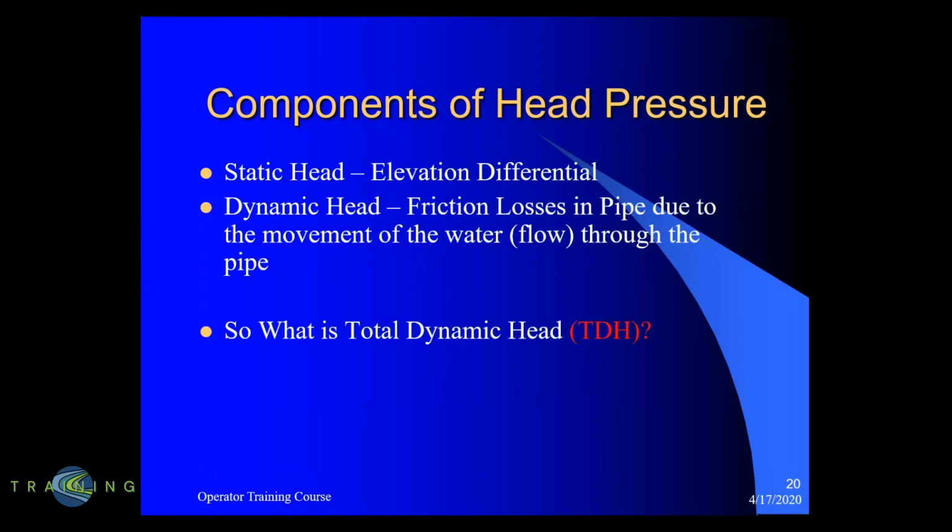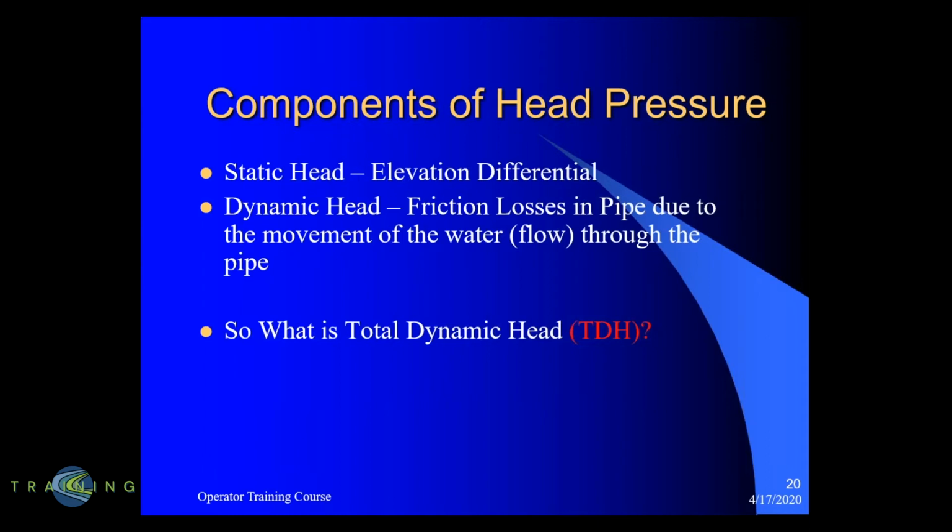The second part of head is the dynamic head, which is the friction losses in the pipe due to the movement of flow through the pipe. So when water flows through a pipe or through valves or fittings, there is a head loss that happens as it flows through there. The more flow or the smaller pipe requirements, the more head loss that can happen while the flow is occurring.